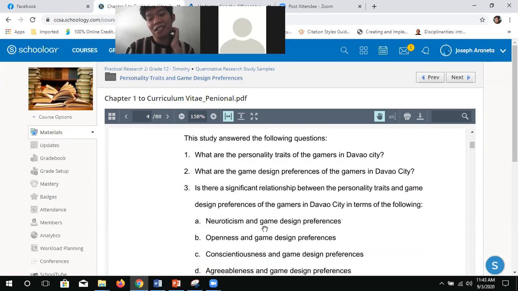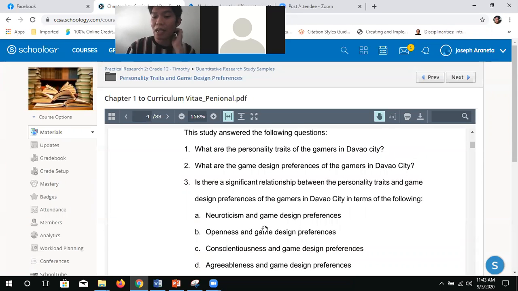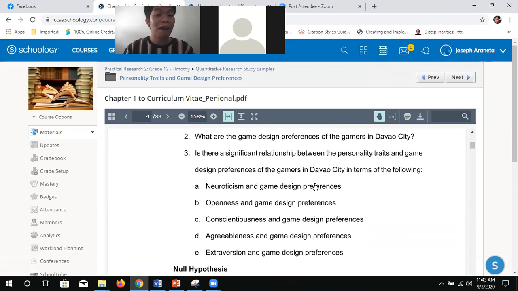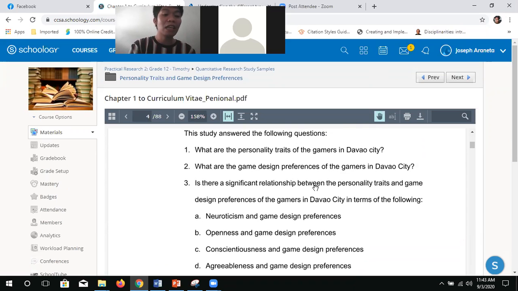So this study is really the longest study. Among all the quantitative research studies last year in grade 12, this is the longest. Because for personality traits, there are 5 personality traits, and each of the 5 is examined one by one. And for game design preferences, there are 8 preferences.